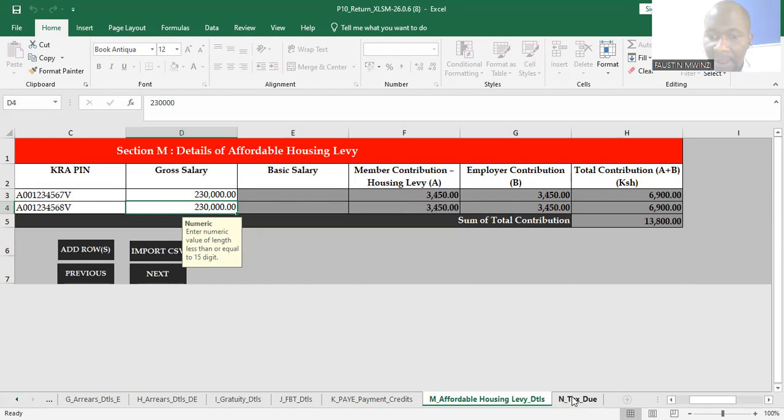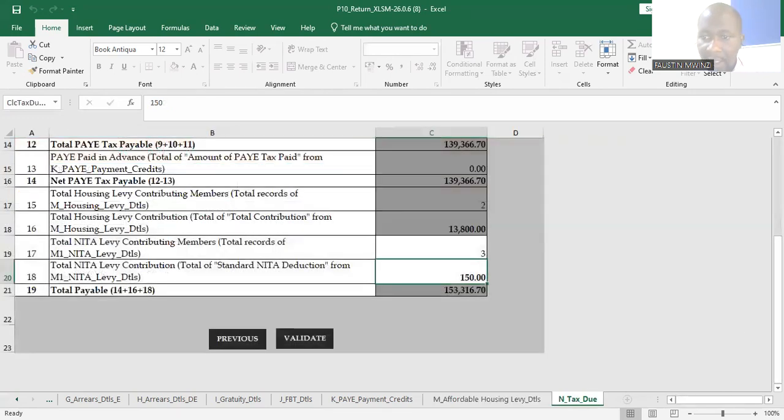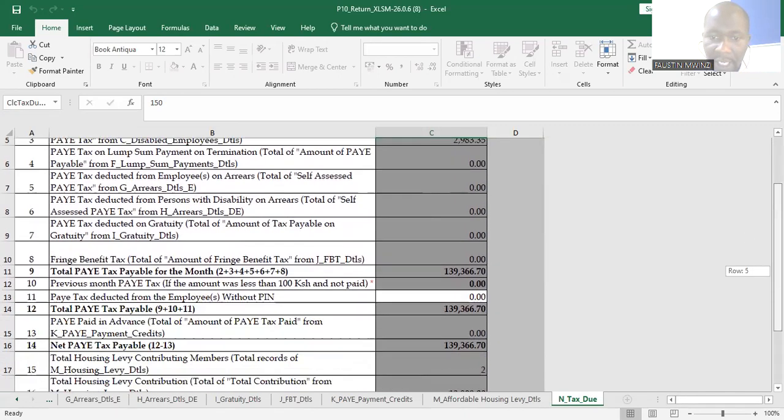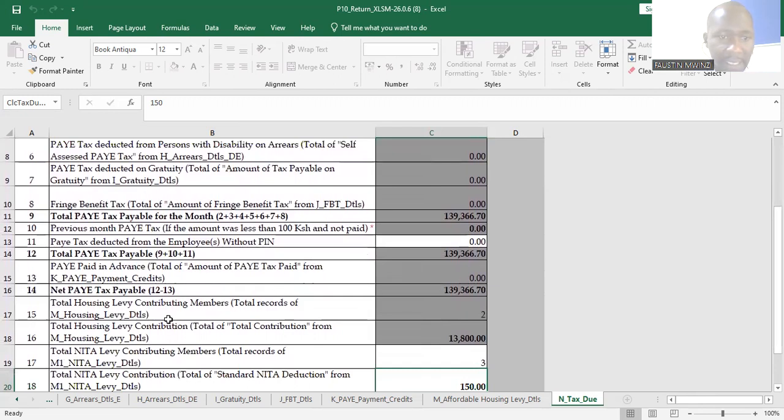Let me show you something. Look, number of employees, there are 3. Okay? Now, this housing levy, 2. If we make a mistake, we are already reporting ourselves because our PS1 has 3 employees. The third employee is that one with disability.